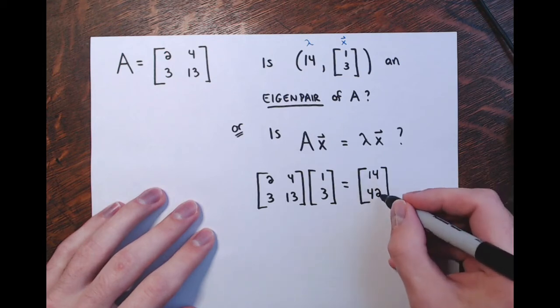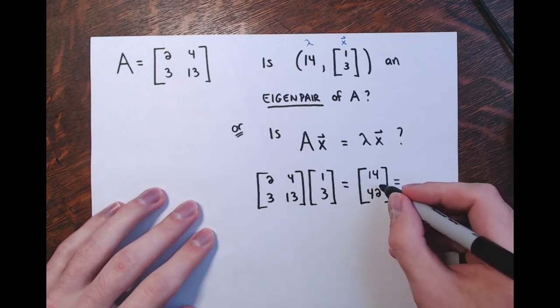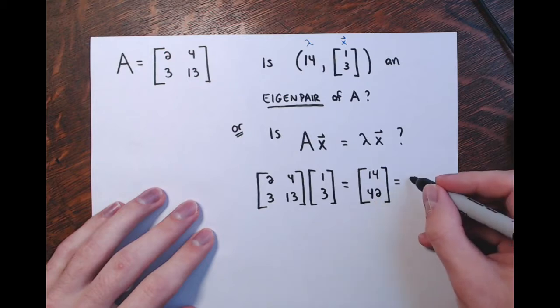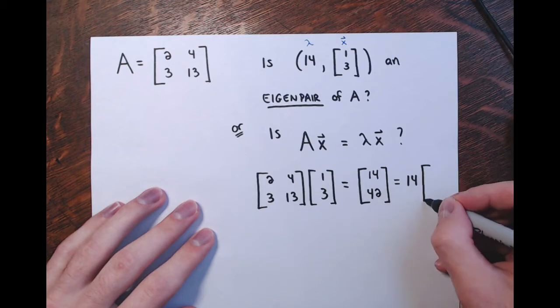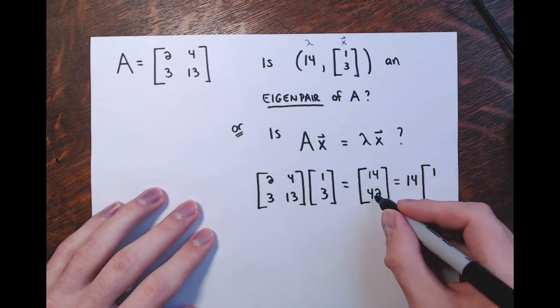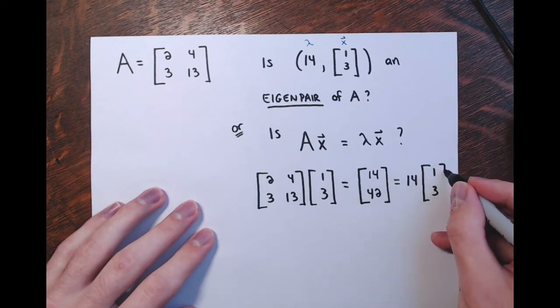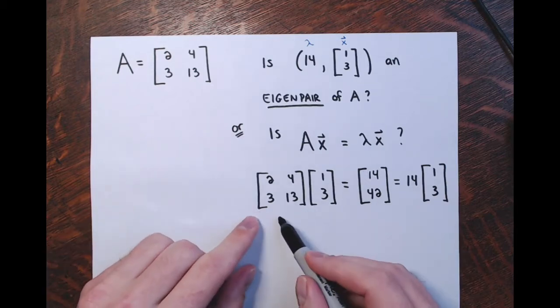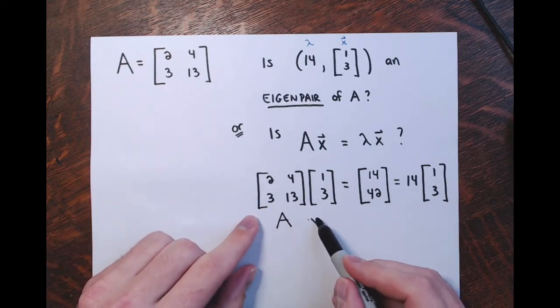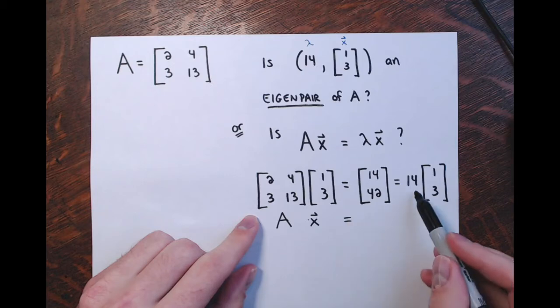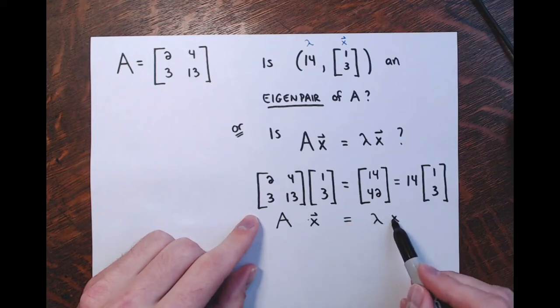And look at this. Both of these have a common factor of 14. You can pull the 14 out, and that's 14 times 1. That's 14 times 3. And look at this. A times x is indeed equivalent to lambda times x.